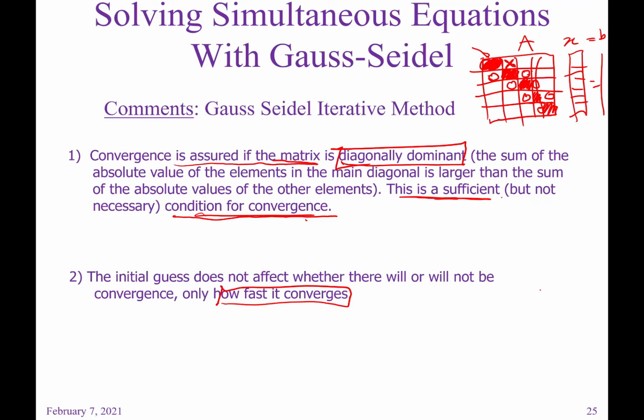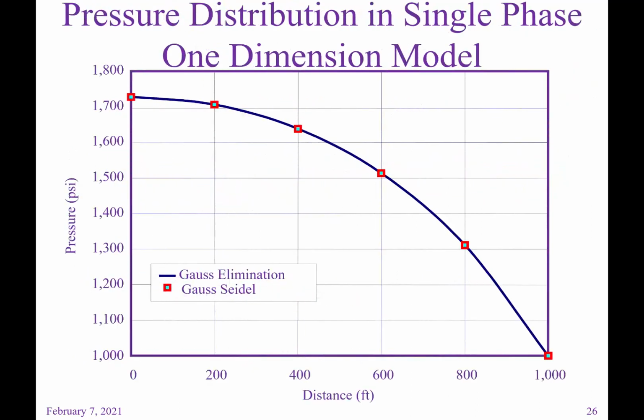You will converge regardless of the initial value, but how fast you converge will depend on the value you provide as initial guess. There are methods to speed up convergence, and we'll talk about some of them, like over relaxation.